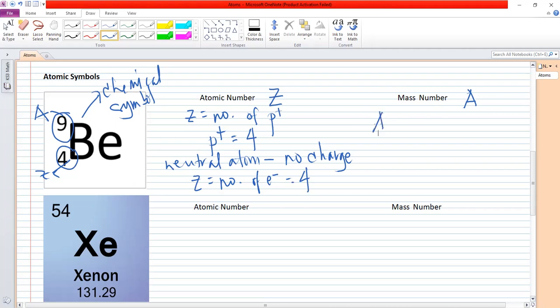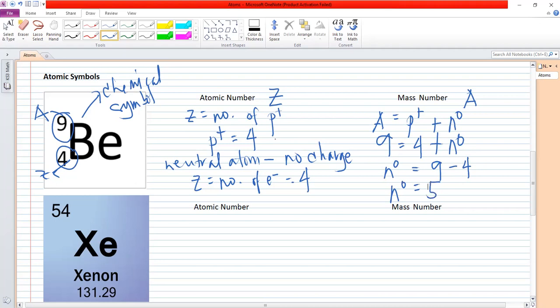Now the next one is the mass number. When we say mass number A, this is equal to the number of protons plus the number of neutrons. We know the number of protons based on the atomic number. For example, for beryllium, the mass number is 9, which is equal to 4 plus the number of neutrons. Therefore, the number of neutrons is equal to 9 minus 4, which is equal to 5.